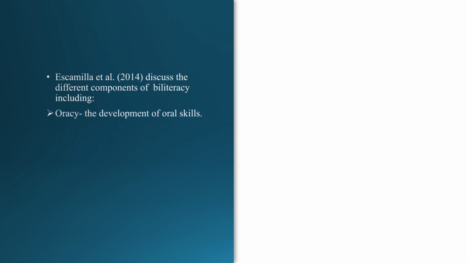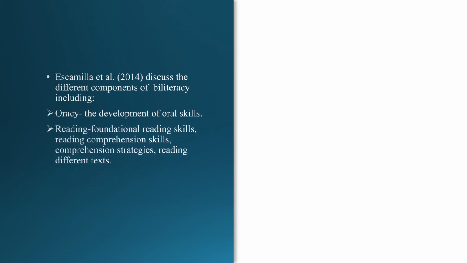There are also many other strategies such as interactive read alouds, shared reading, collaborative reading, teacher-led small groups, and independent reading, which are all extremely helpful to the development of reading and biliteracy.